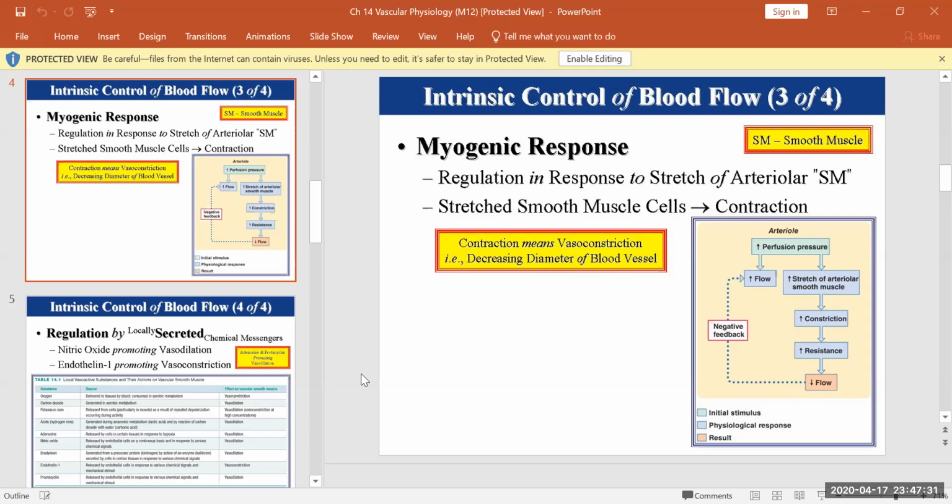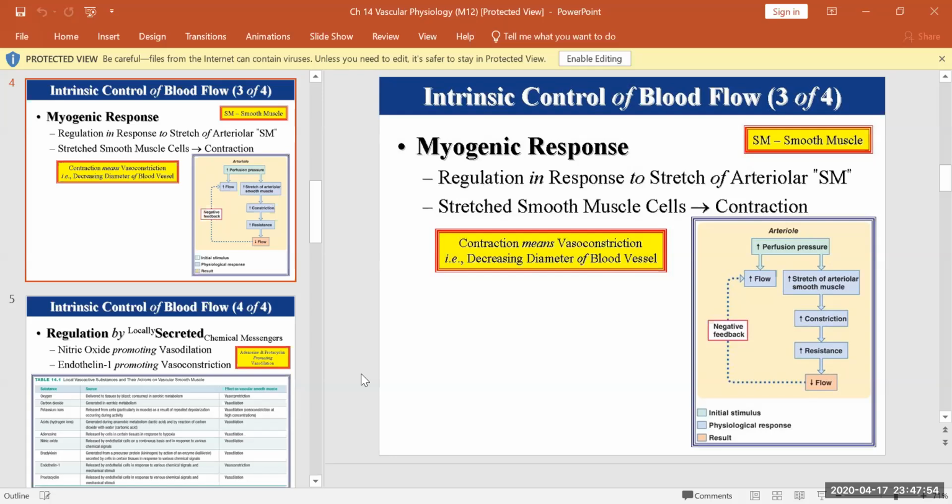And the wall of the heart, I do hope you know this, is basically cardiac muscle, right? Both of these types of muscles, cardiac muscle and smooth muscle, have a beautiful ability. When you stretch them out, they respond by contracting, right?